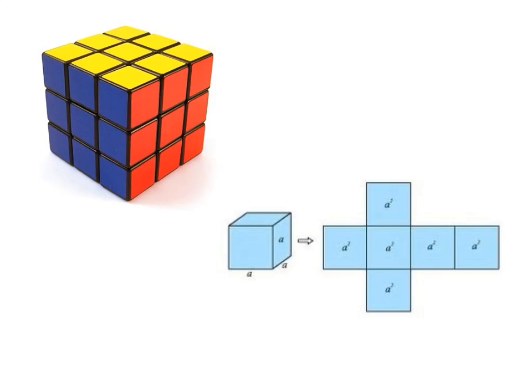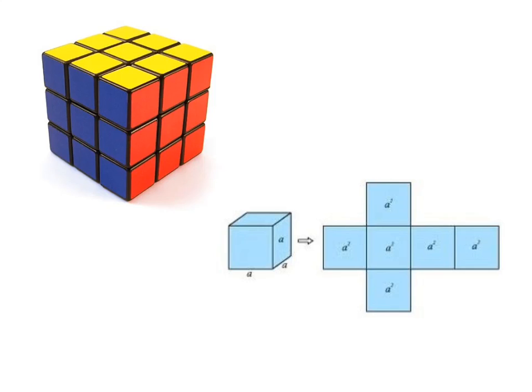So the surface area of the Rubik's Cube would be 54 units squared, because it has 54 of these little squares all the way on the outside of it. Unfortunately I can't rotate it for you, but if I could show you the back of the cube, we could talk about the whole surface area of the Rubik's Cube.